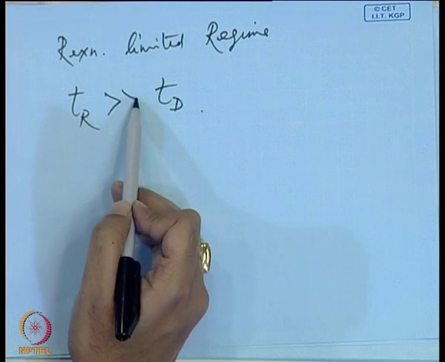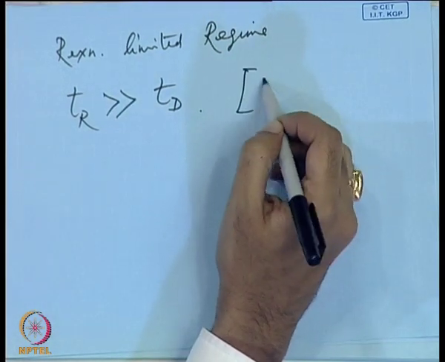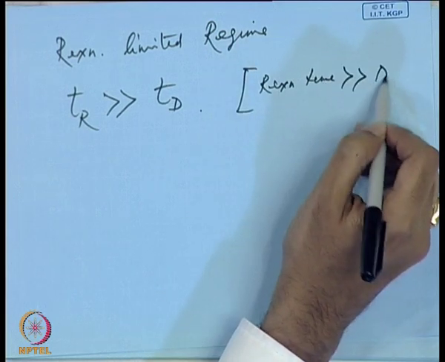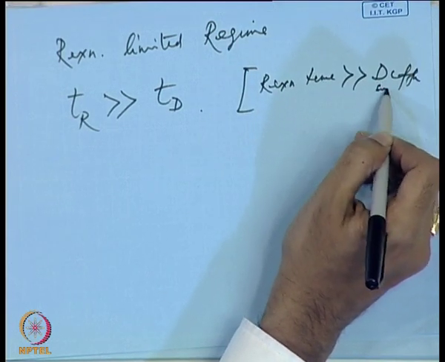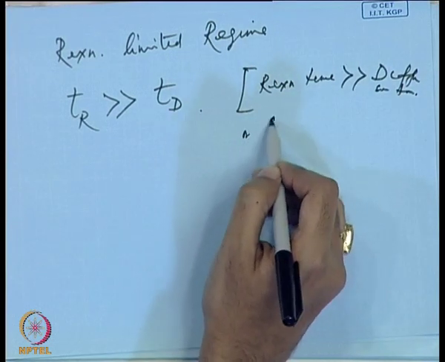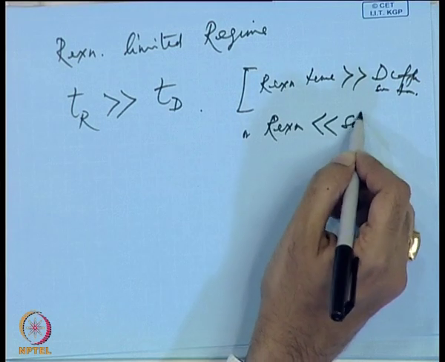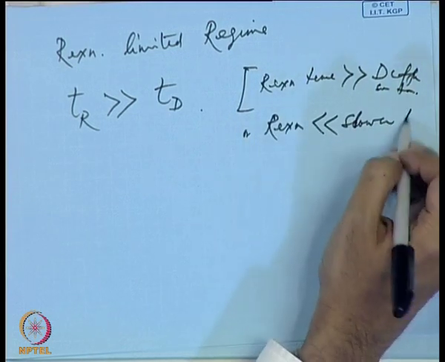In the reaction limited regime, TR is much greater than TD. So, the reaction time is much greater than diffusion time, or reaction is much slower than diffusion.